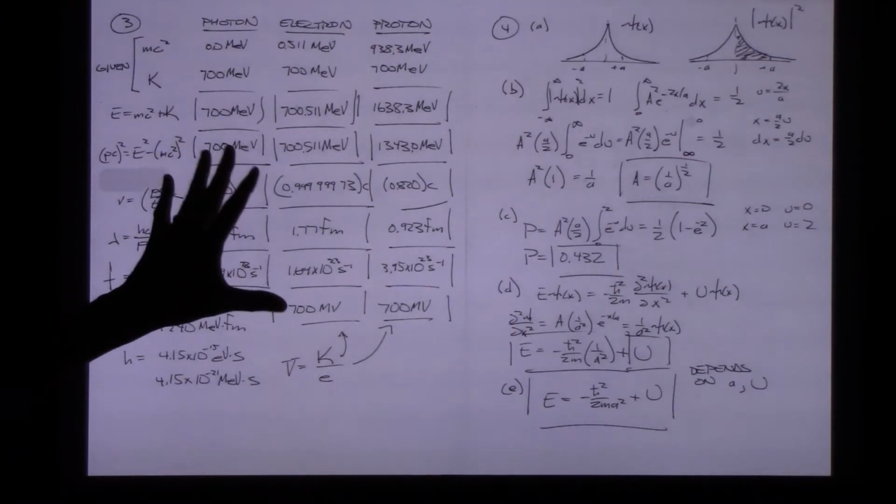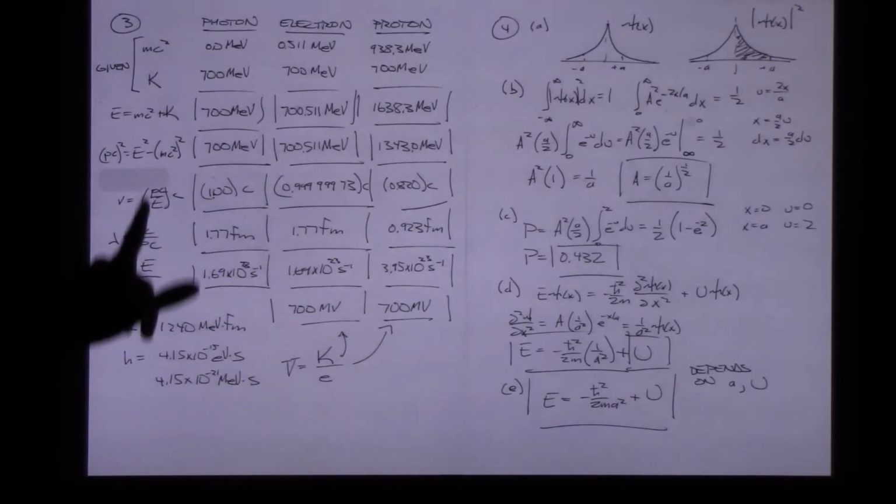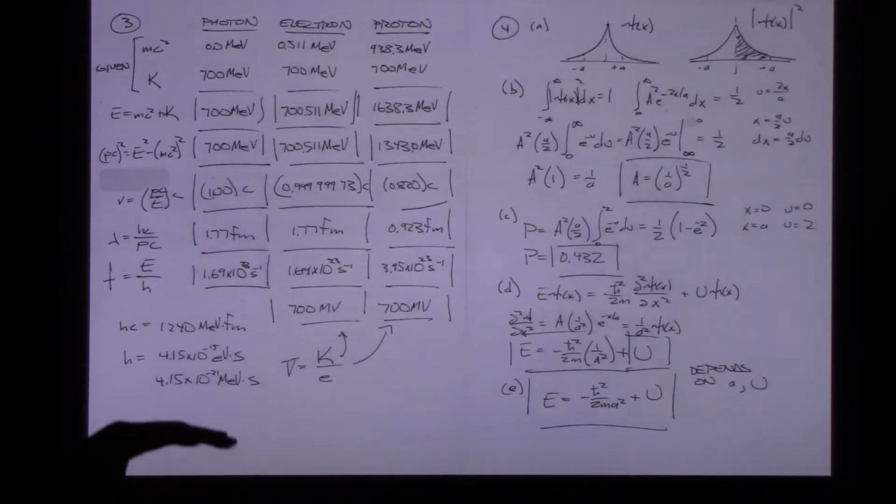Without the shortcuts, looking at this problem, I'm thinking, oh my gosh, it's going to take a half hour to do. But when I practice using the shortcuts and use the general formulas, so I'm not searching for formulas for photons versus formulas for electrons, 5-10 minutes, maybe 10 minutes, to fill in the table.